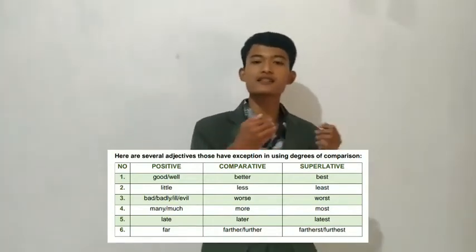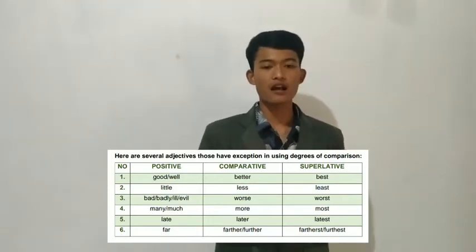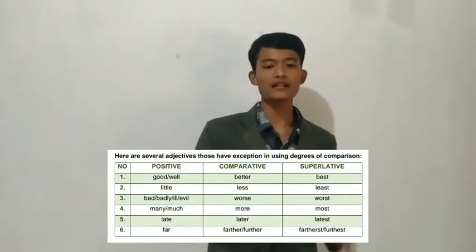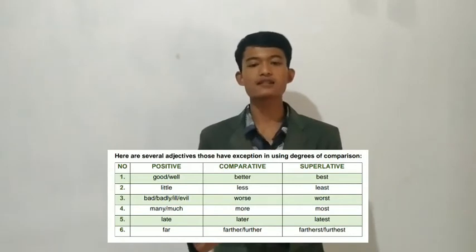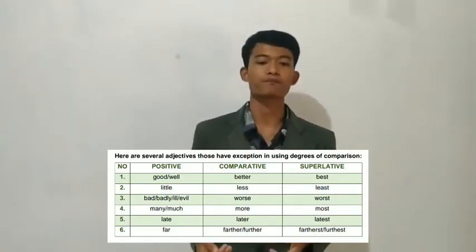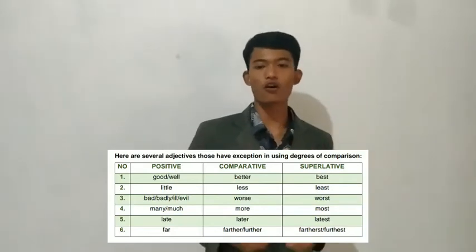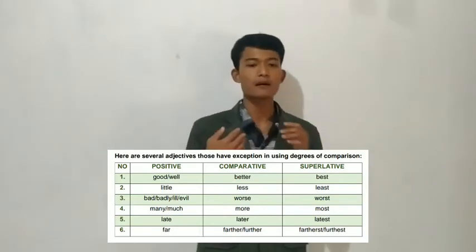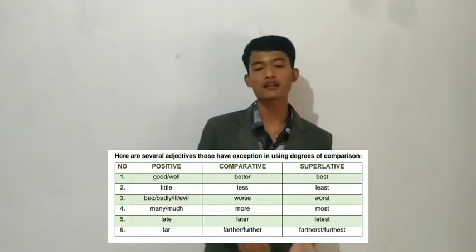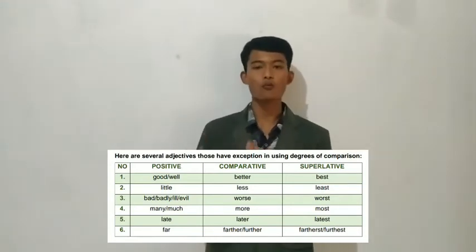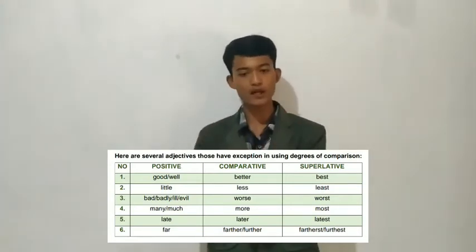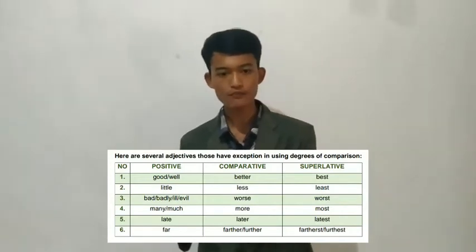And then the second is little. Little is the positive, the comparative is less, the superlative is least. Next, bad or badly or evil or ill. That's the positive degree. The comparative degree is worse, and then the superlative is worst.